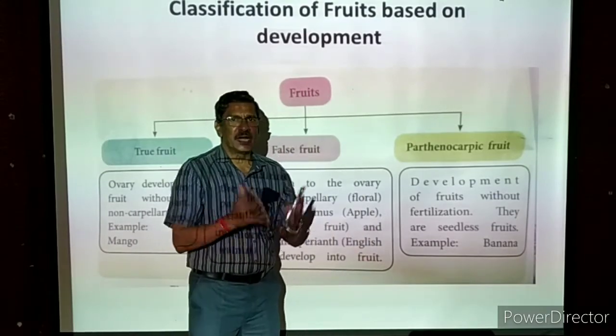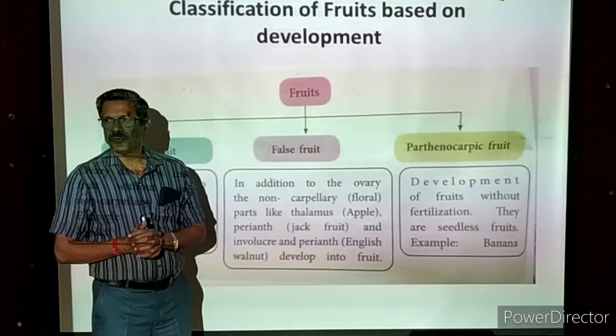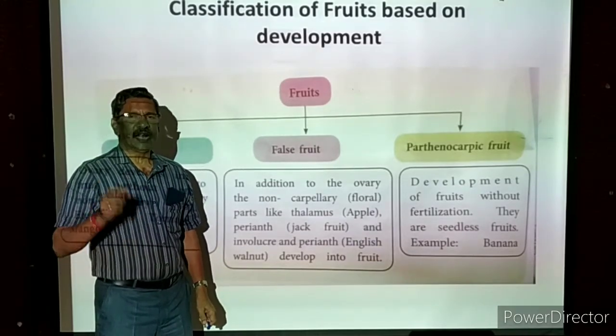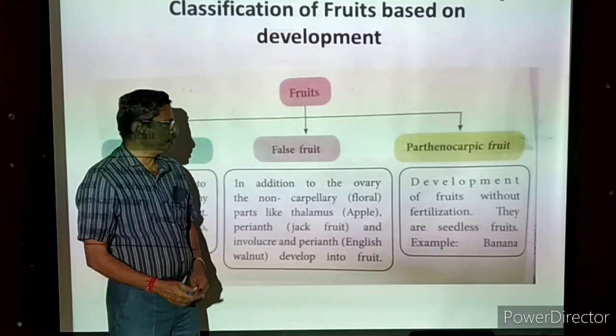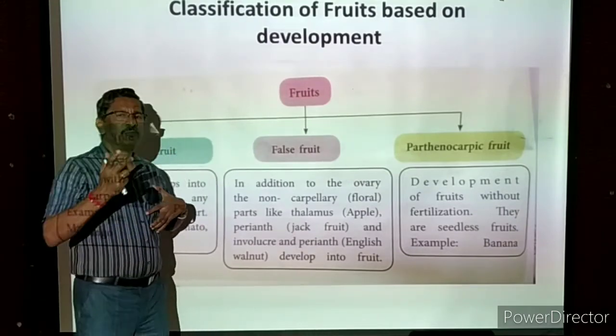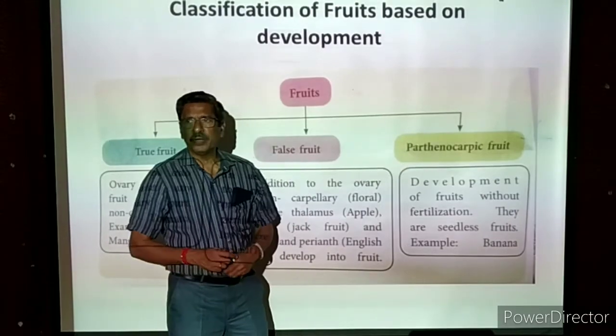Now we will come to the general development of a fruit. The fruit will be developed from the wall of the ovary only after pollination and fertilization. Now we are going to see what is parthenocarpic.